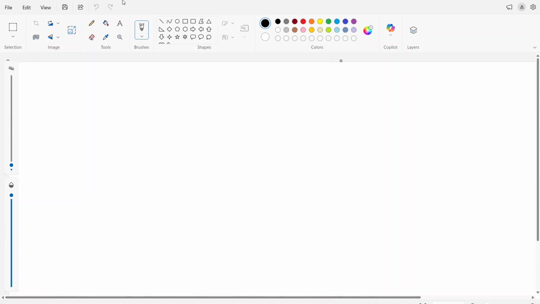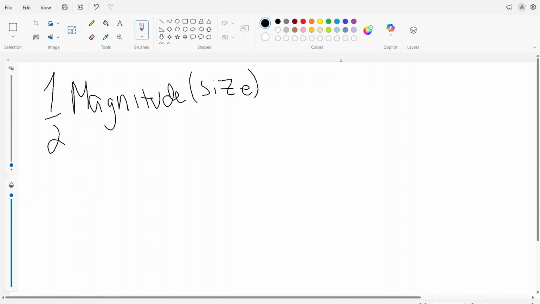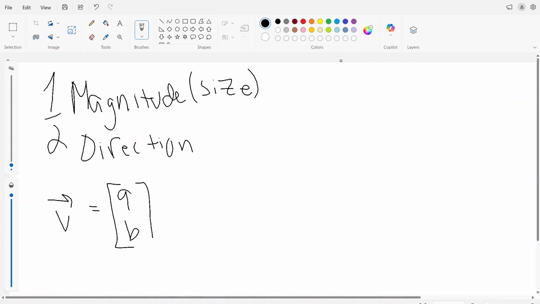So first things first, we're going to define a vector. So what is a vector? A vector is an object that has magnitude, which is its size, and the second component is that it has a direction. A vector is usually written in this form: A, B. I did not mean to write a 9 there.